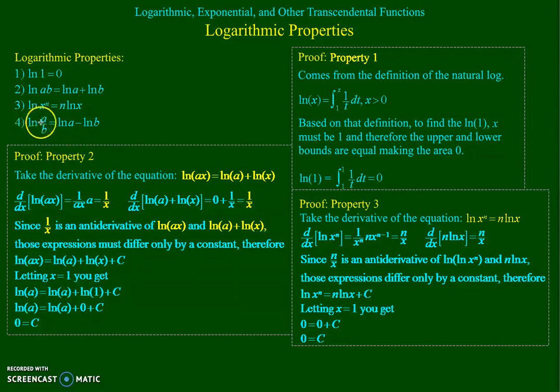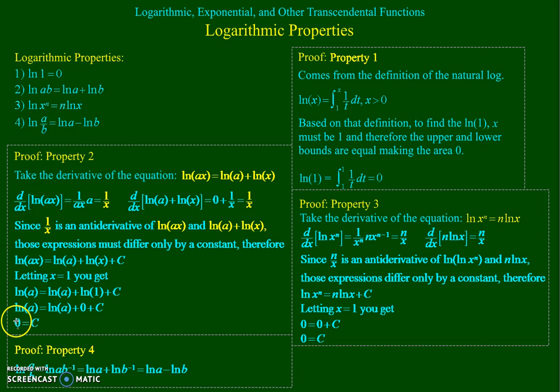The proof of property 4 is just going to utilize a couple of the properties that we've just proven. Now first, let's look down here. We can rewrite the natural log of a divided by b using basic laws of exponents. That's just the natural log of a times b to the negative 1 power.